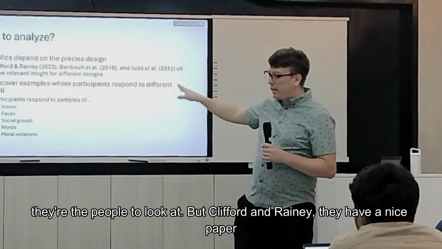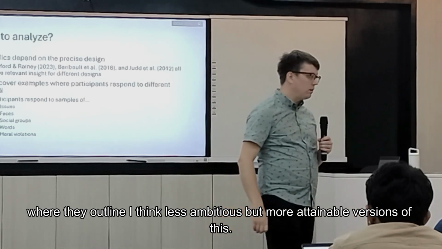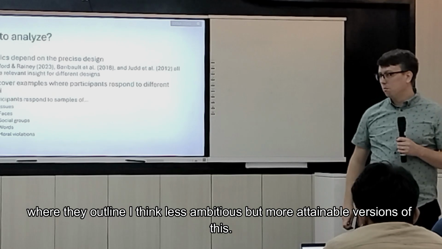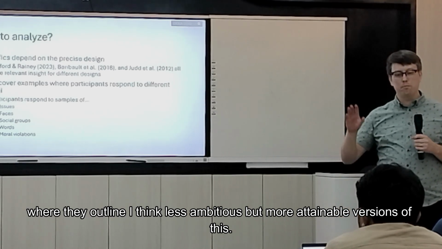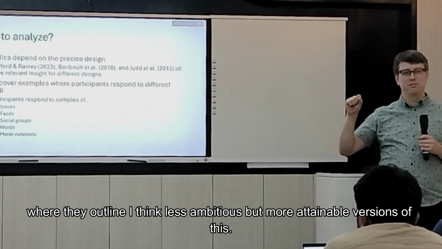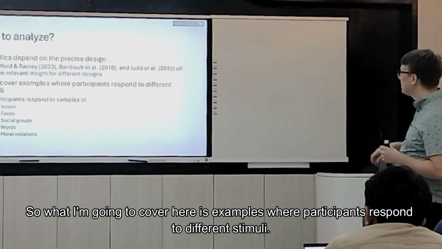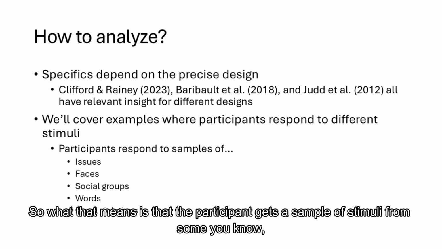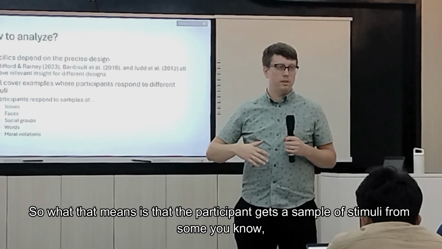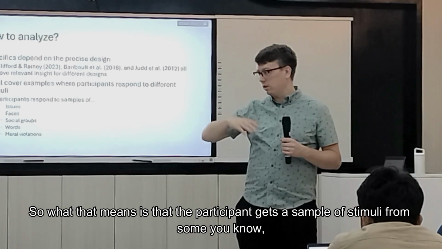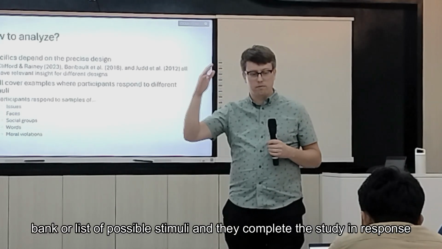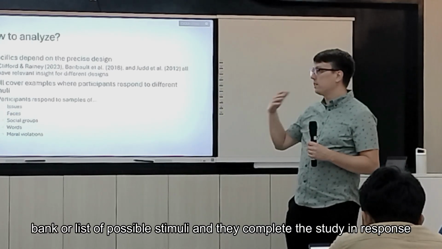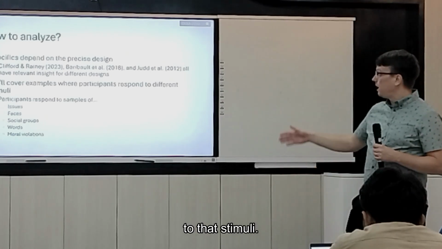But Clifford and Rainey have a nice paper where they outline, I think, less ambitious but more attainable versions of this. So what I'm going to cover here is examples where participants respond to different stimuli. That means the participant gets a sample of stimuli from some bank or list of possible stimuli, and they complete the study in response to those stimuli.